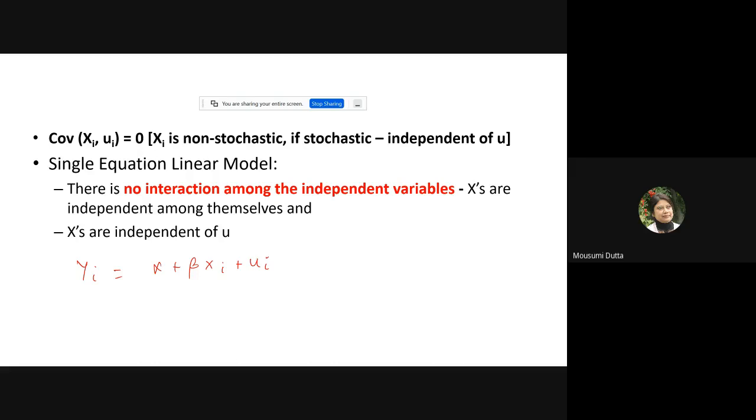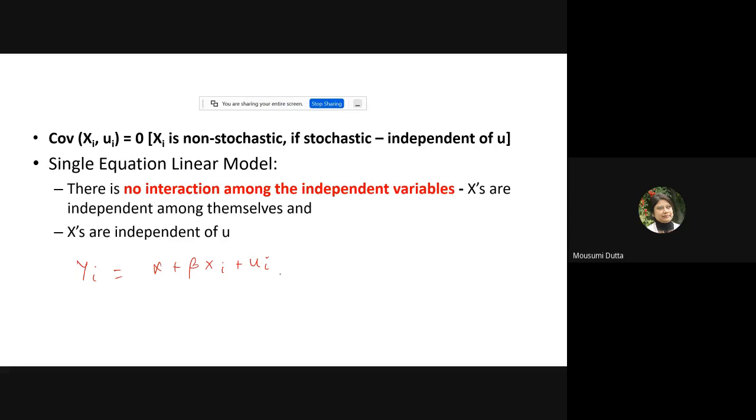The variables that will be on the right hand side should not be related to each other. The assumption, or the requirement, is that the variables we have on the right hand side should not have any interrelation among themselves, because if xi and ui are functionally related, in that case you will not be able to frame a linear model.